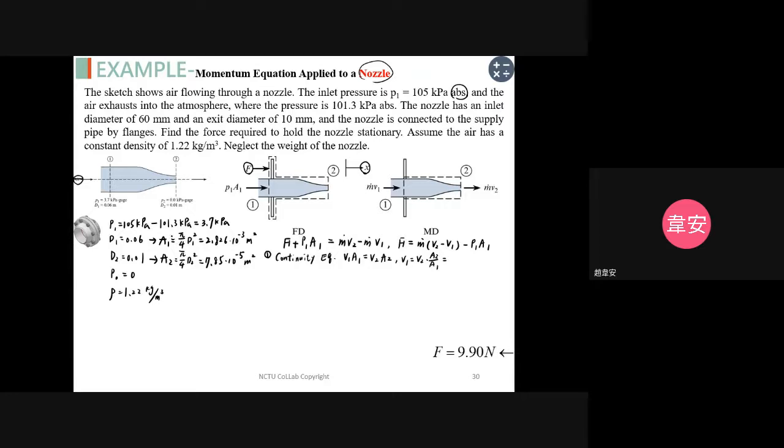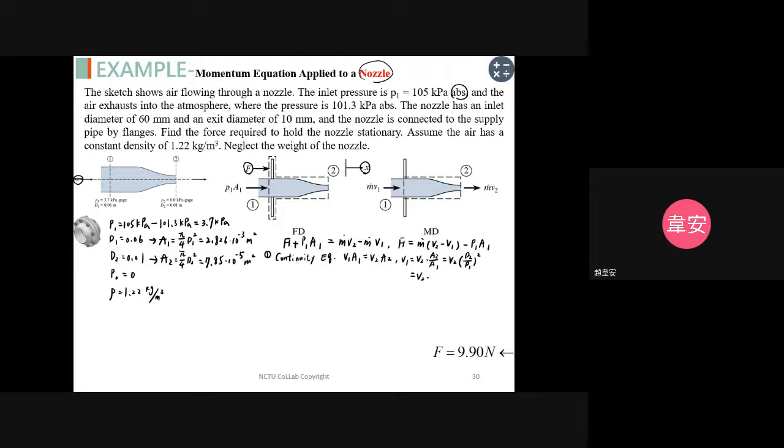We have A1 here and A2 here, and we know the diameters too, so V1 is equal to V2 multiplied by the diameter ratio squared. D2 is 0.01 and D1 is 0.06.